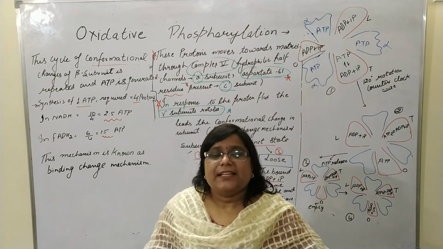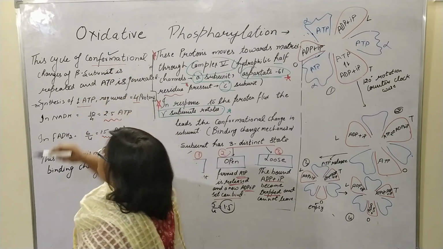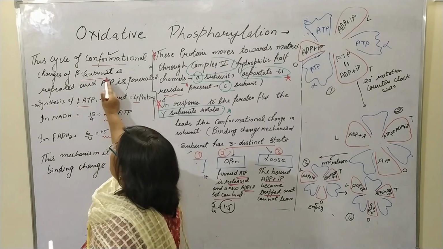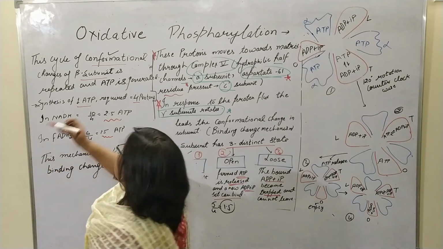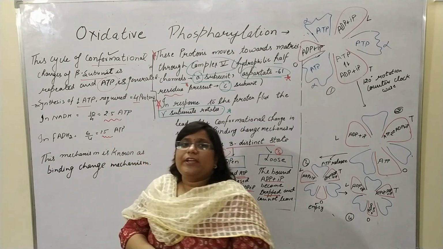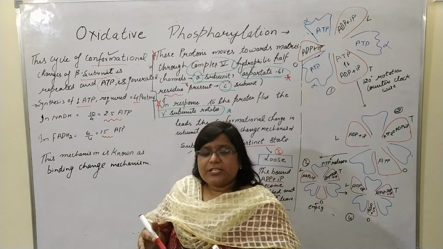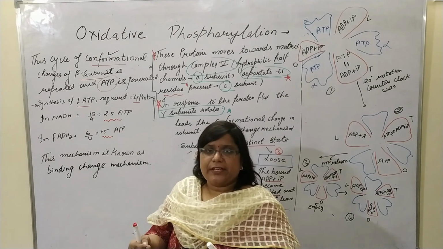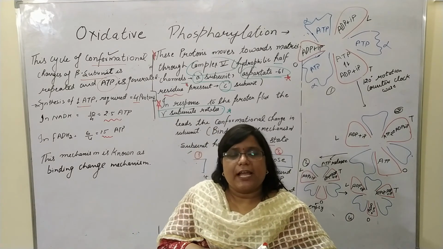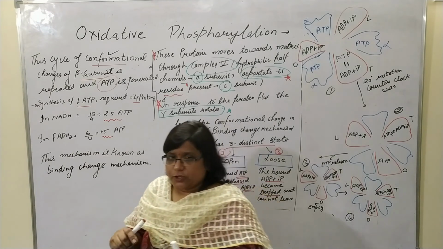As we have seen, this cycle leads to the conformational changes of the beta subunit, and by these conformational changes, ATP is generated. Now we will do the calculation part for NADH and FADH2.